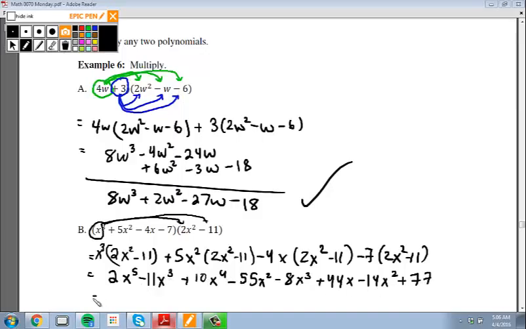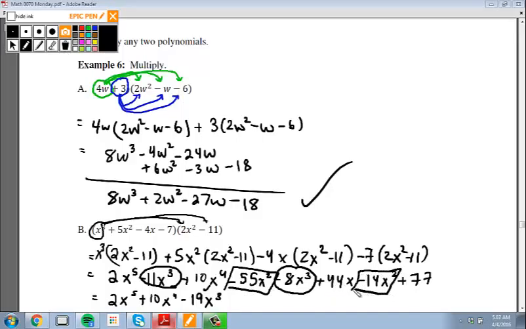So are there any like terms here? Well, I have 2x to the fifth, then 10x to the fourth. Let's see, here is a minus 11x to the third, and a minus 8x to the third, so minus 19x to the third. And then I have a 55x squared minus a 14x squared.